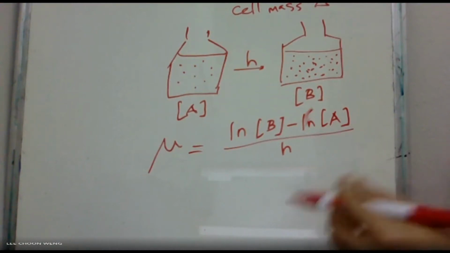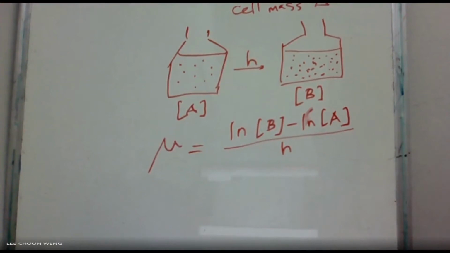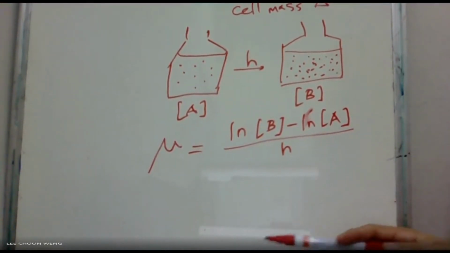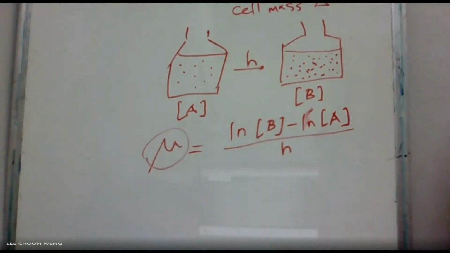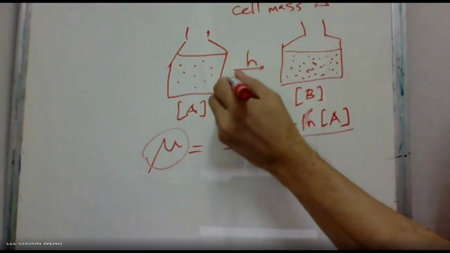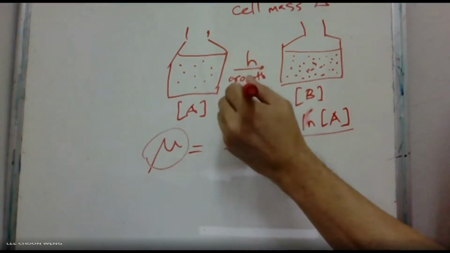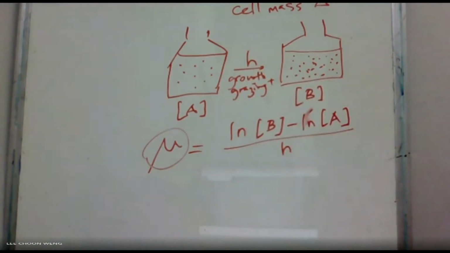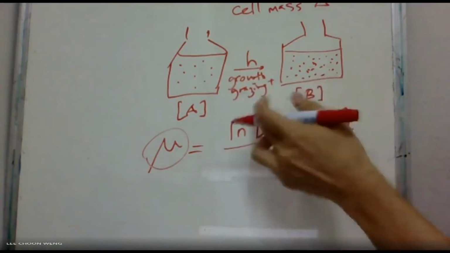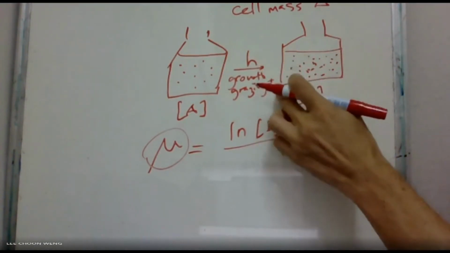The protozoa will consume bacteria. So this is no longer accurate, because there is also growth and grazing here. Both processes are occurring, so you will only see a significant increase if the growth is higher than grazing.